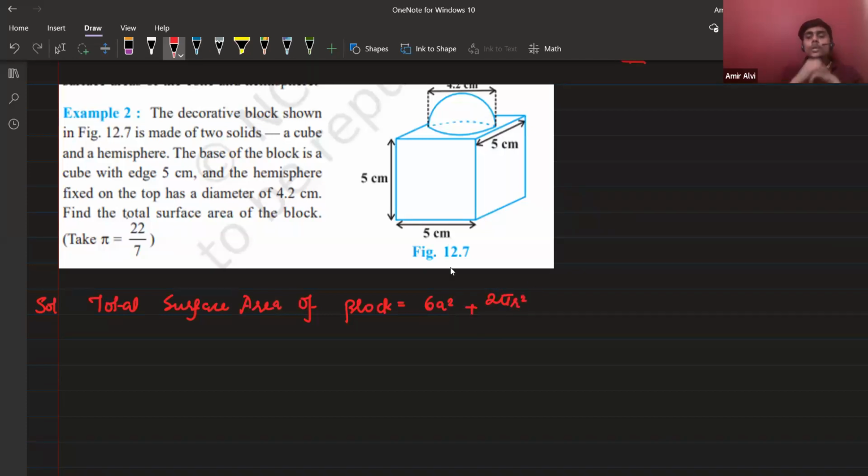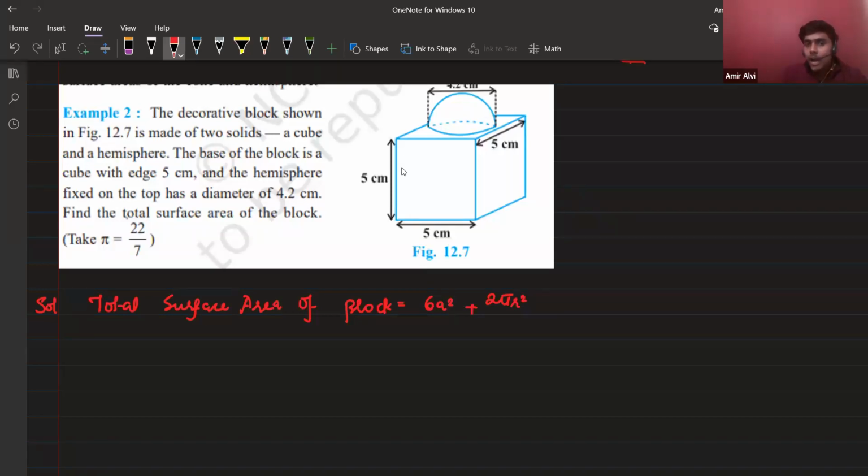Okay, there is one more twist. I need to subtract one thing. What should that be? Area of circle, sir. Very good.